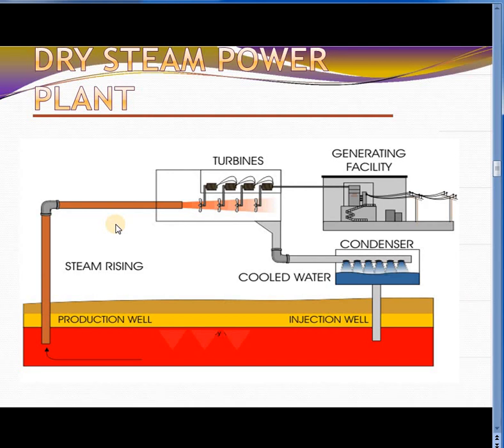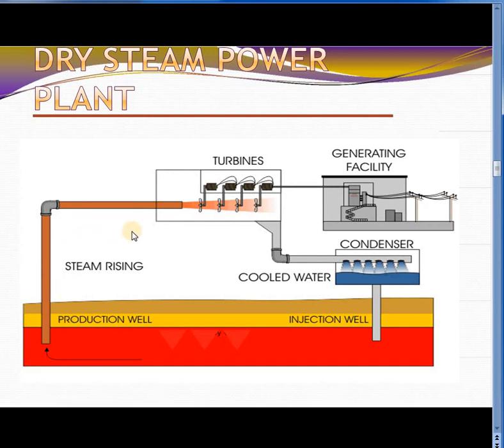We need a production well, that is, a well which is drilled. Here it is production, and there is injection. The production well will lead you to the hot water or steam in the reservoir and into the power plant.